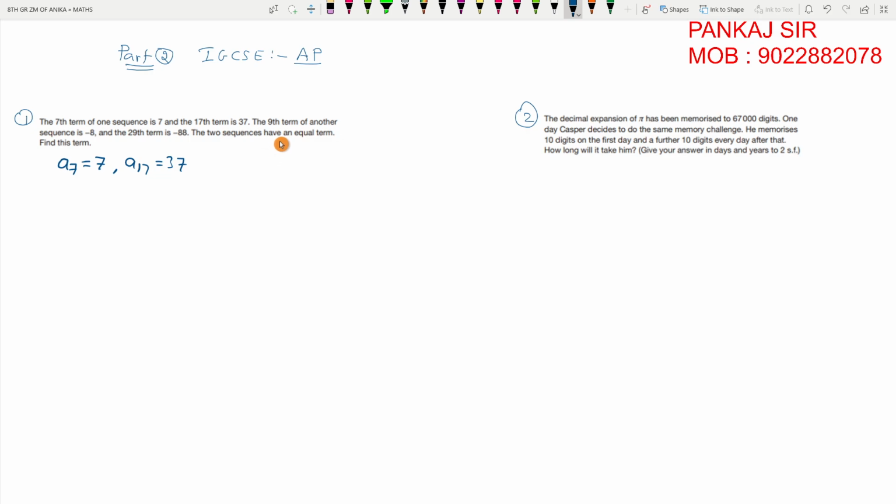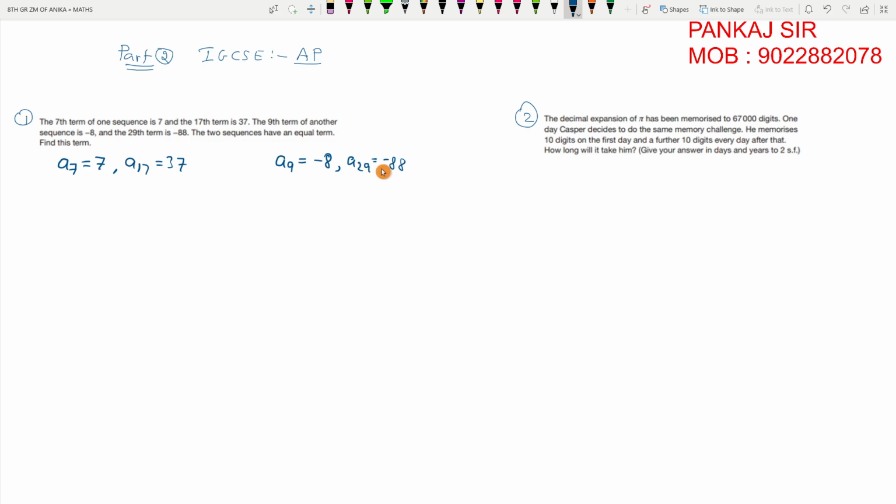The ninth term of another sequence. So there's one more sequence which is a different sequence, and in that sequence, the ninth term, that is A9, is minus 8, and the 29th term, that is A29, is minus 88.